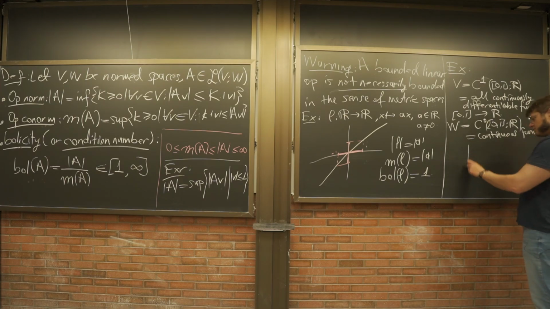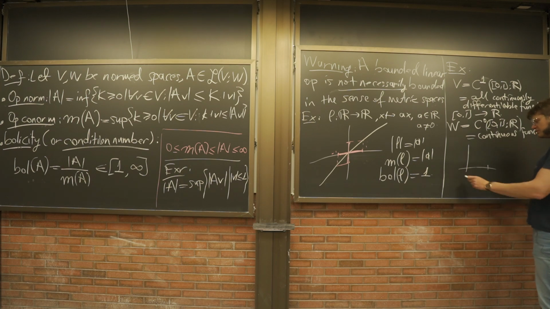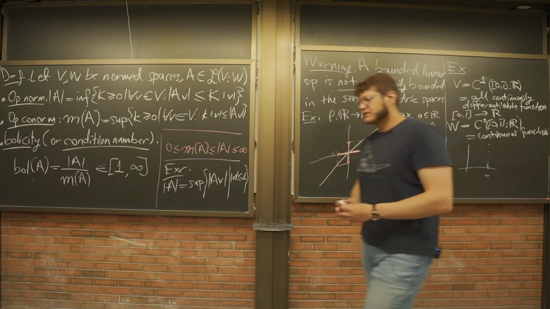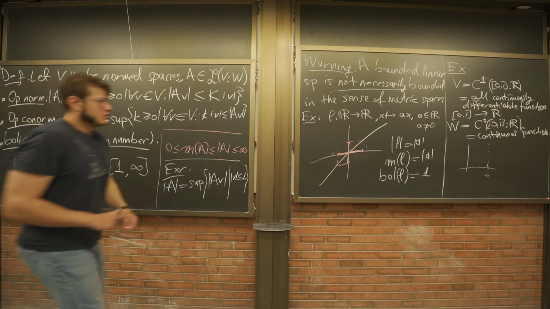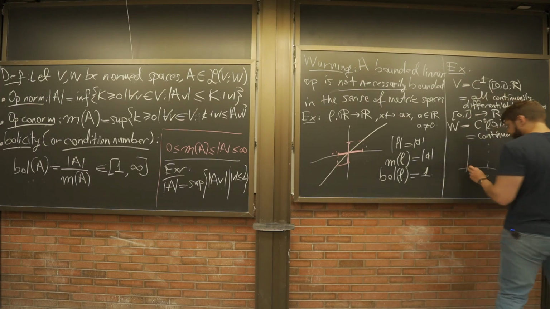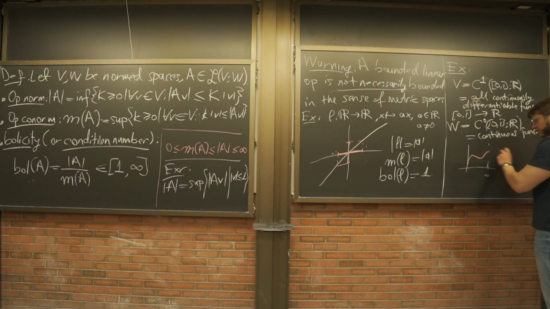You take a function defined on 0, 1. That's your vector. So this picture is one vector, right? And the space looks like this. It's continuous. Now, you look at the following number.